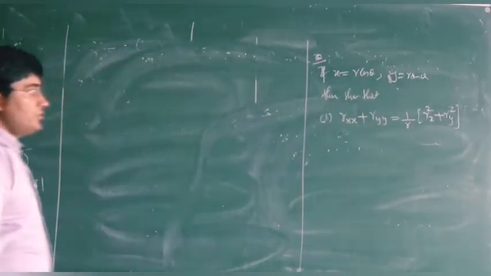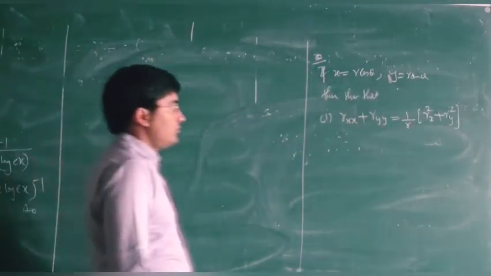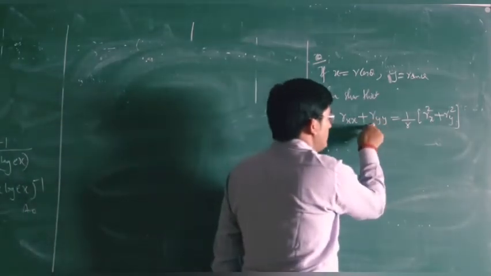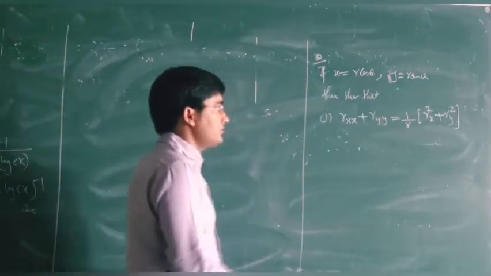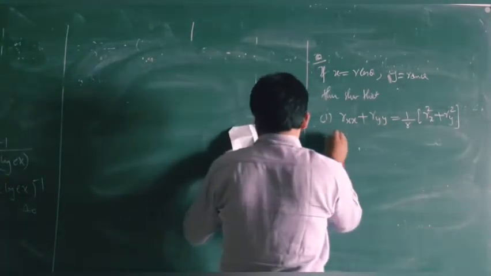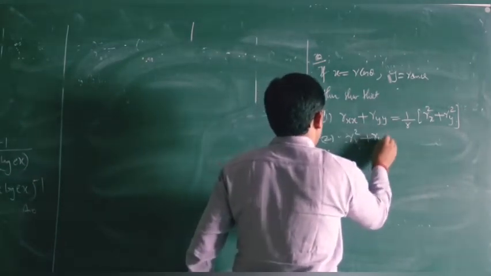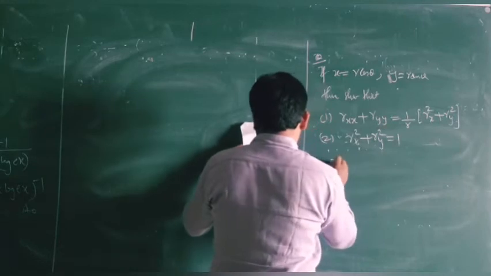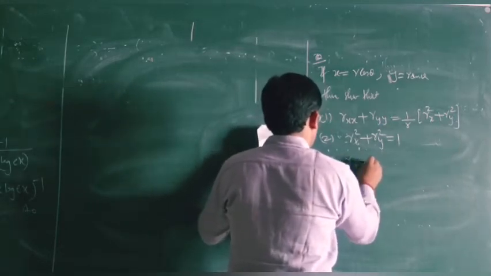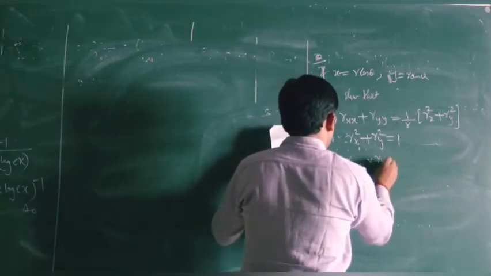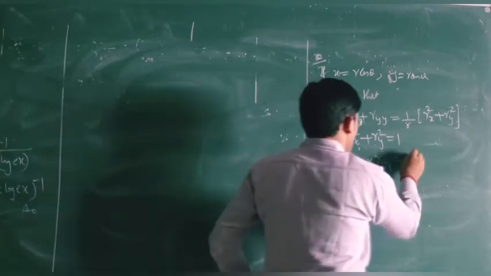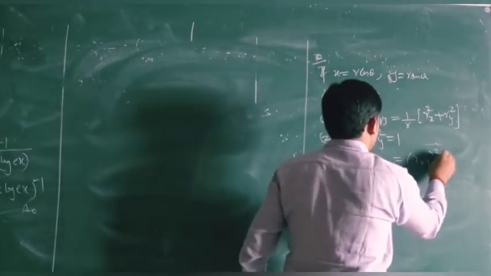So the sum of double differentiation of r with respect to x plus double differentiation with respect to y is equal to this right hand side. Then the next part, your rx square plus ry square is 1. Then we have r double x into r double y is equal to rxy whole square.